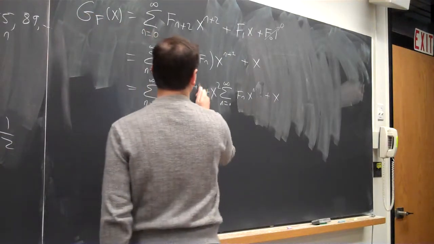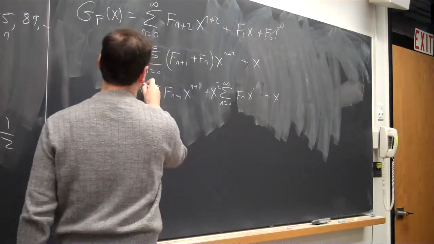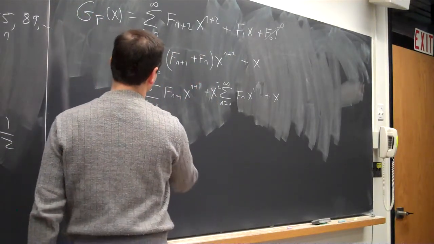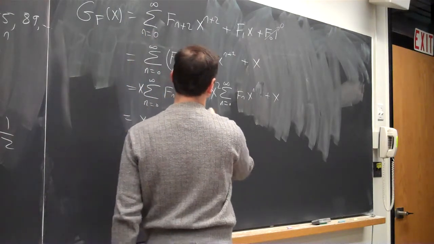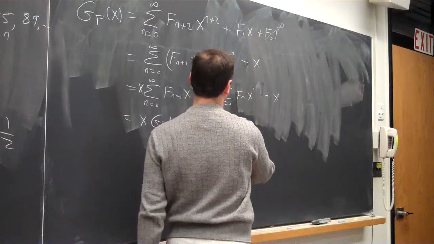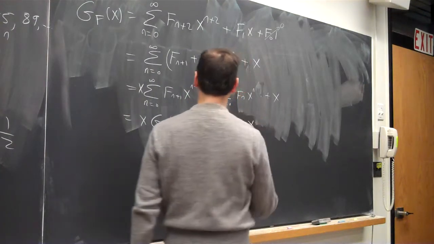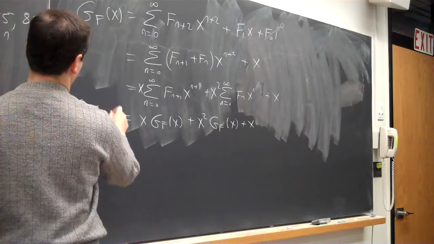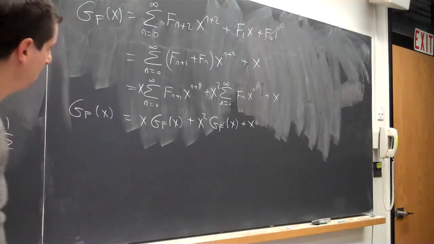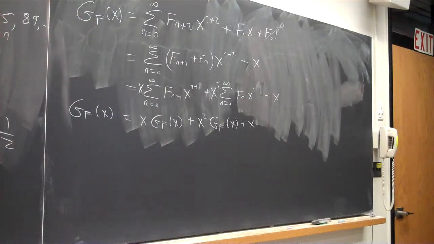So here I would pull out just an x, and so I get x gf of x plus x squared gf of x plus x. Okay? So I'm just doing some algebra.